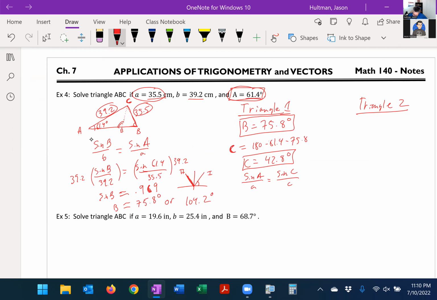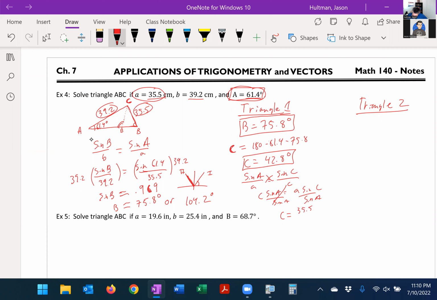So I want to solve for little c here. I'm going to cross multiply and divide. So C times sine A is equal to A times sine C. Divide by sine A. Okay, and so C is going to be equal to A. What's A? A is 35.5.